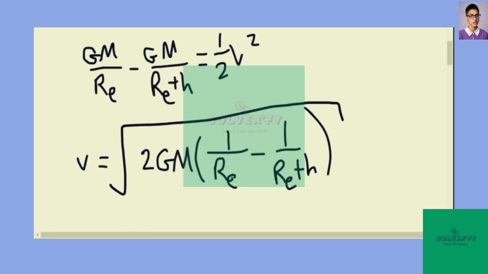So let's go ahead and put that into a calculator. Square root of 2 times 6.67. Wait a minute, I've got GM already written down. Okay, so there's 2GM times 1 over radius of the Earth, 6.37 times 10 to the 6th power, minus 1 over radius of the Earth plus the altitude.